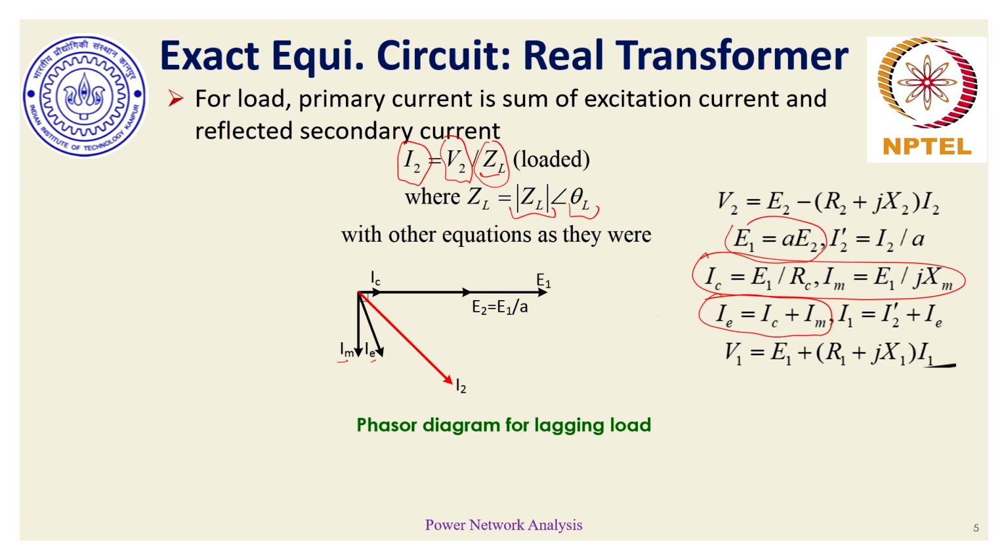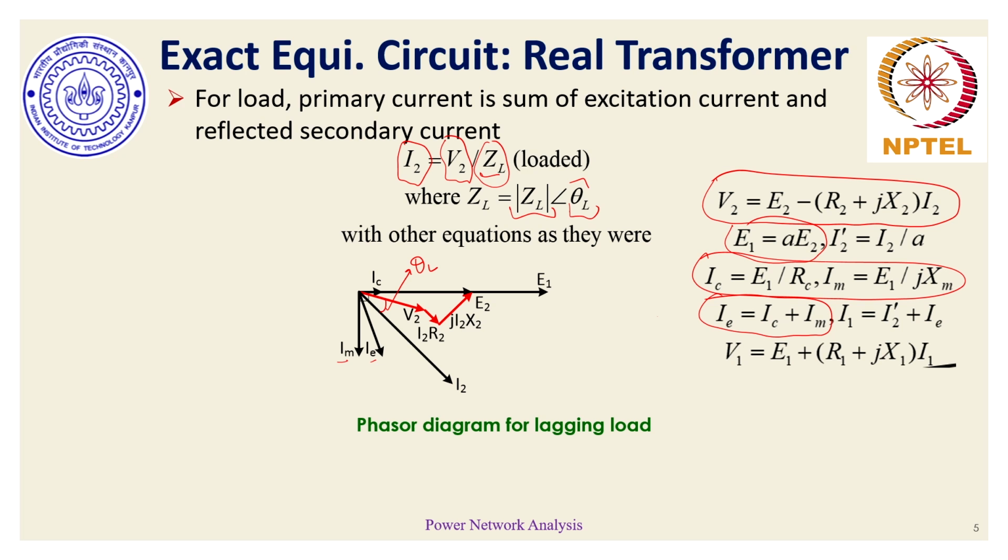So let's say we mark I2, and once we have marked I2, we can apply the KVL equation and figure out the voltage appearing on the secondary of the transformer, which is V2. V2 and I2 have a phase angle of theta L, which is the angle across the impedance. We are assuming here it's a lagging load, so the current is lagging the voltage at the secondary.